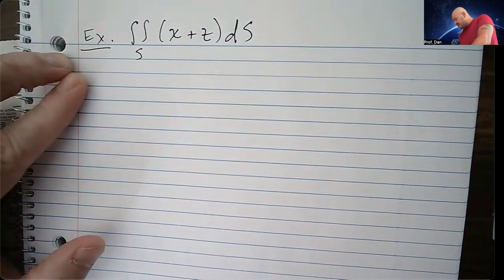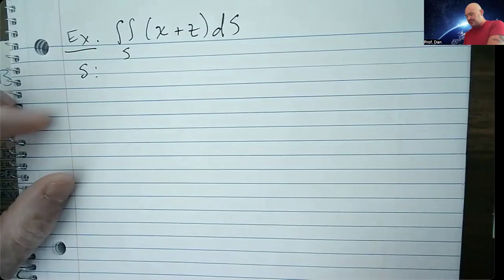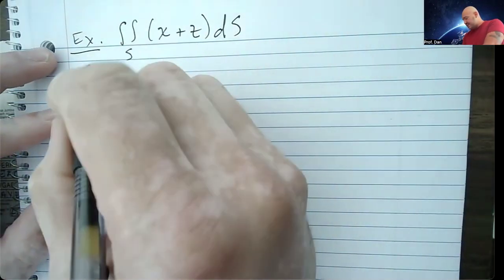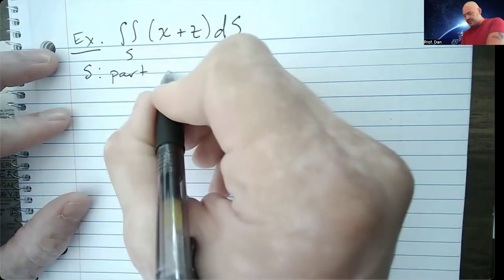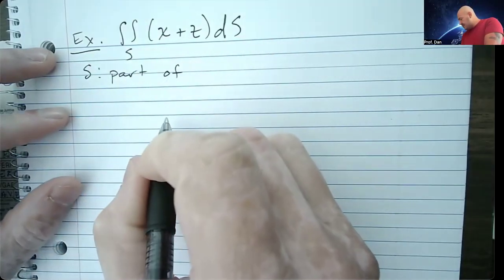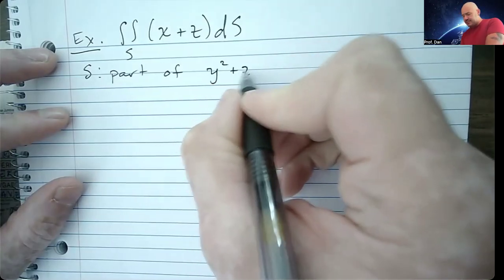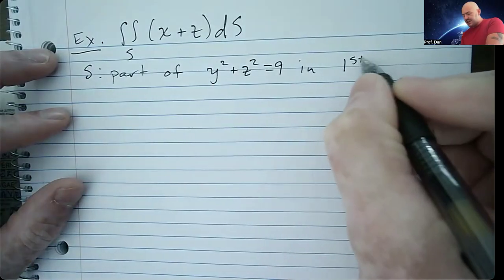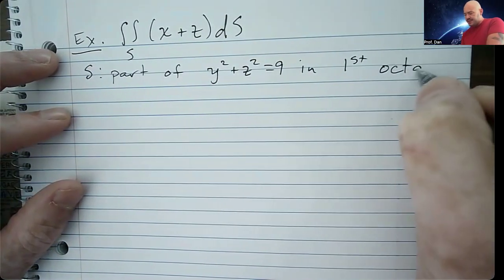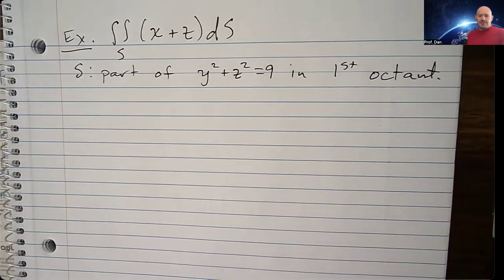And the surface S is the piece of a cylinder, so the part of the cylinder given by y squared plus z squared equals 9 that's in the first octant. So again, if you're in your first octant, that means that x, y, and z all have to be greater than or equal to 0.